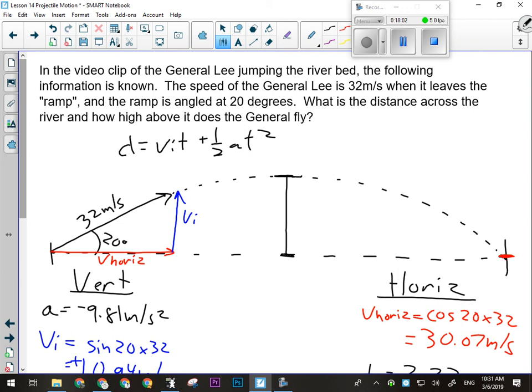But here's the other way we can do it, and I find people do this better. How fast vertically is the general E going at its maximum height? And remember, if I'm only watching the vertical motion of the general E, I see it go up and come back down.